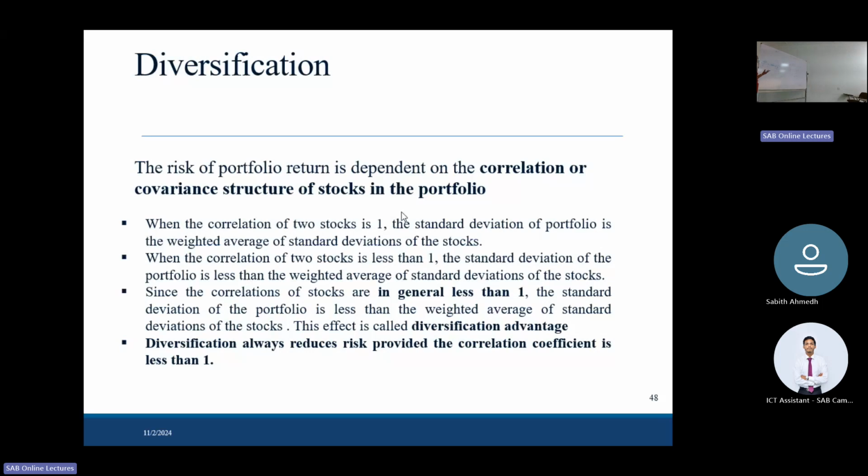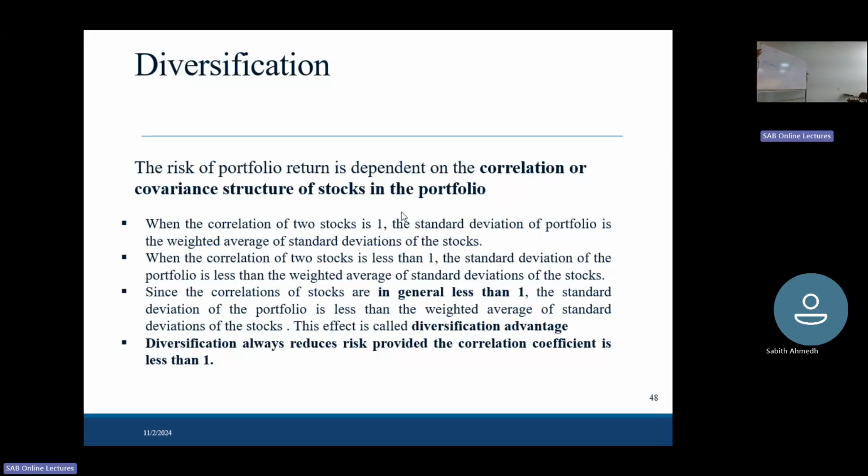That is the meaning. Now, if you recall our starting point of the portfolio, I told you that investors have two expectations. One is maximizing return. The other one is minimizing risk. So these two objectives are conflicting. So to achieve the goal to a moderate level, we construct portfolios.